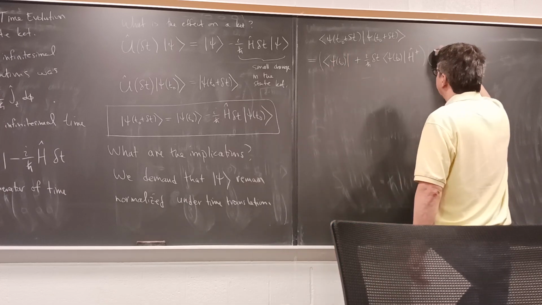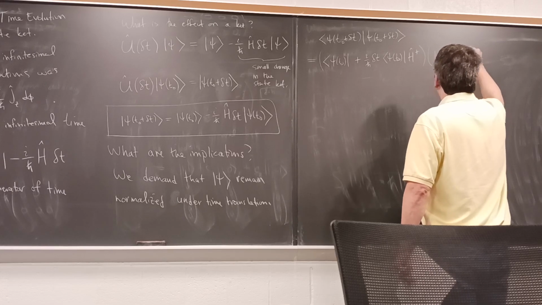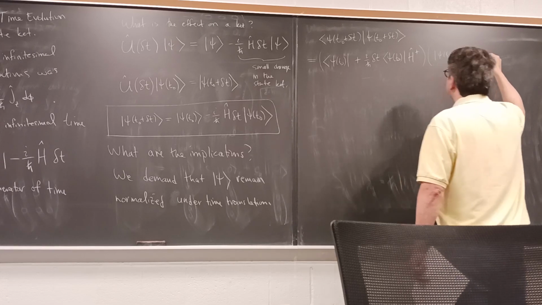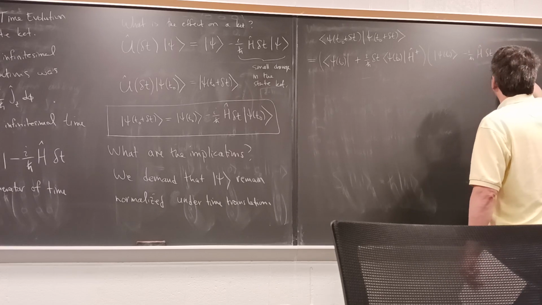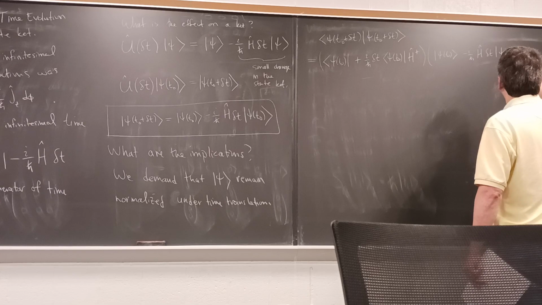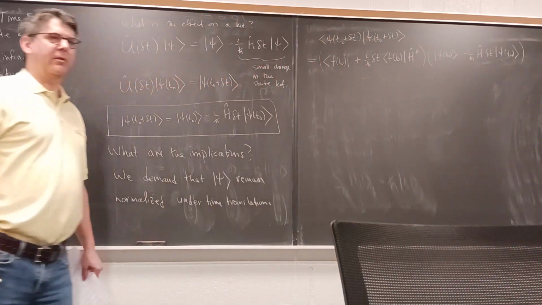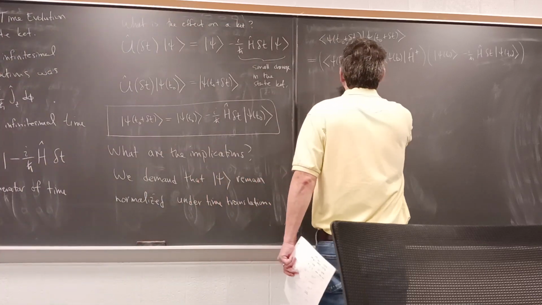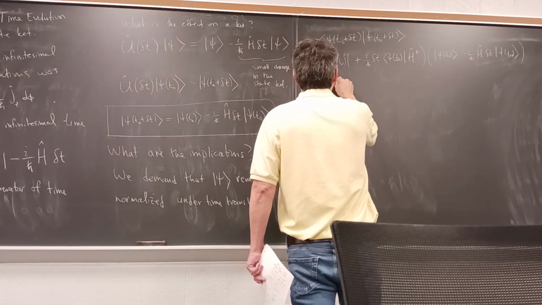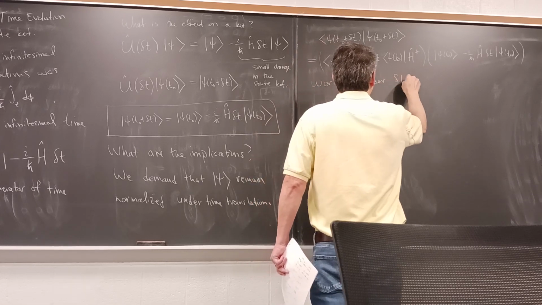So I've got that operating then on psi t0 minus i over h bar h hat dt psi t0. Okay, so I'm taking the inner product of itself. And now let's work to order dt.